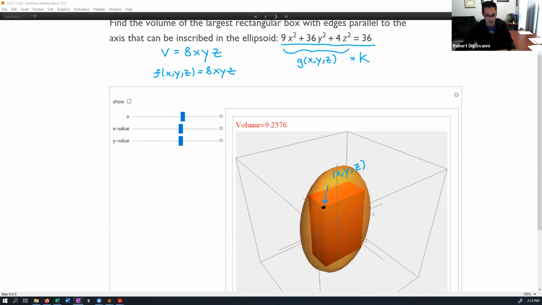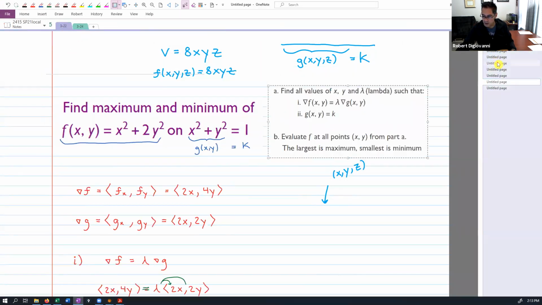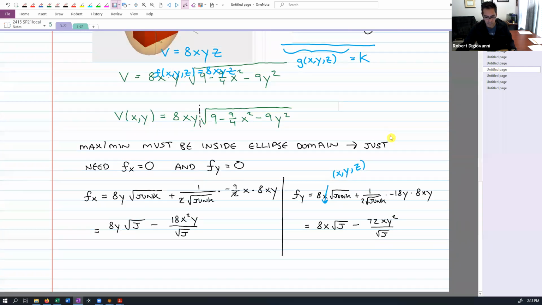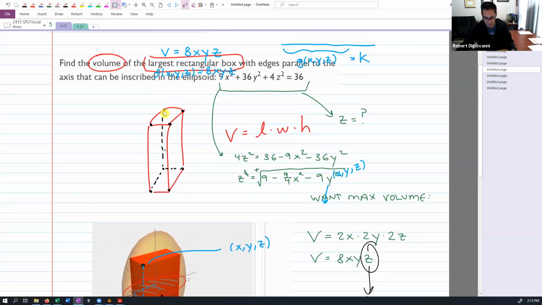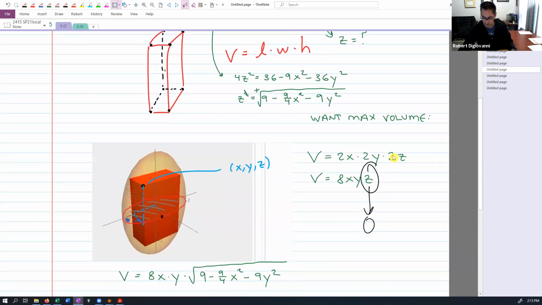So what we tried to do last time is we found the x, y, z, we found the volume equation, and we said, look, we need to replace that z with something with x and y in it so we can use the methods that we had learned up to this point.